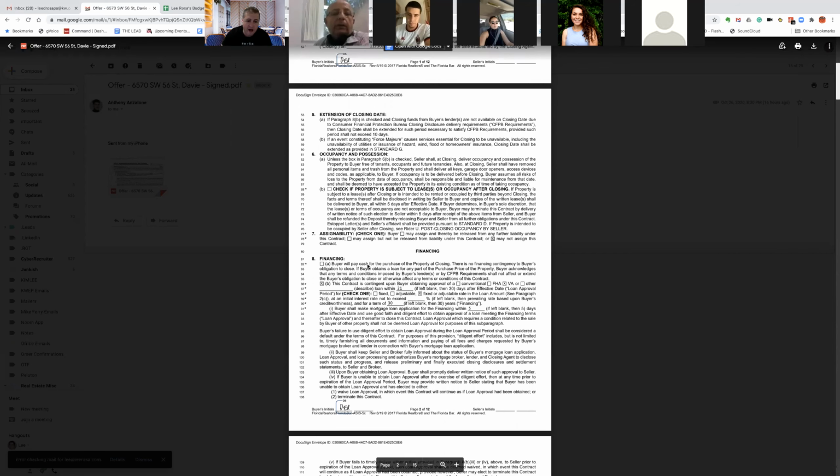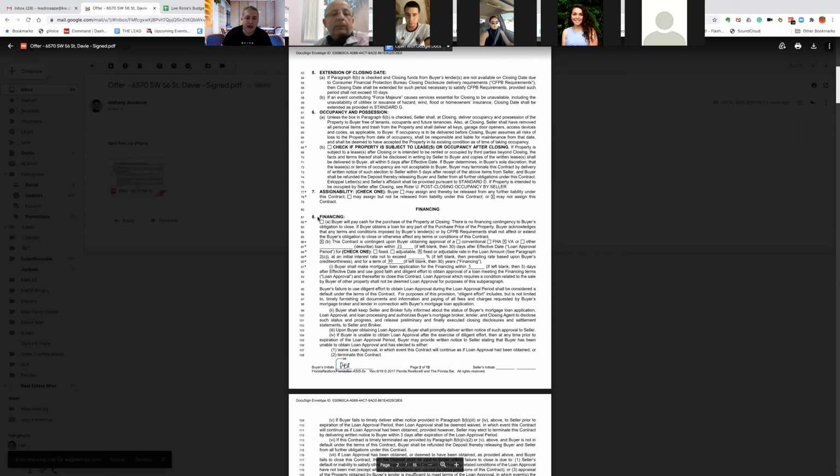Perfect. Now, section 8 or line 81 is one of our contingencies. The contingency of this section is that you are going to be able to back out of this contract if you cannot get qualified for the loan. And we're going to break down what that looks like.